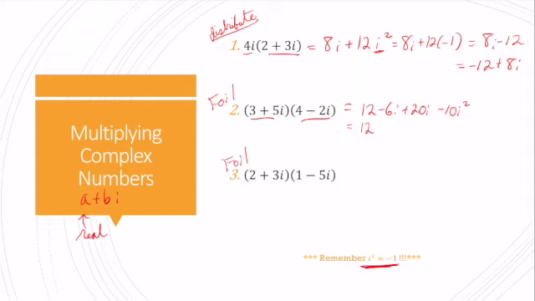I have 12 plus 14i minus 10i squared. But remember, i squared equals negative 1. So I have 12 plus 14i minus 10 times negative 1. That's going to give me 12 plus 14i minus 10. So I can simplify this to 2 plus 14i.